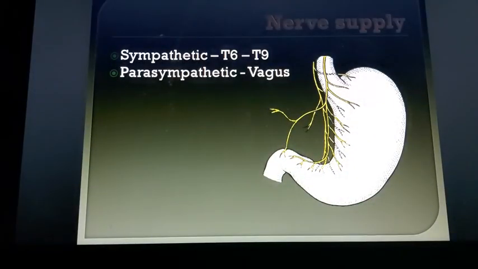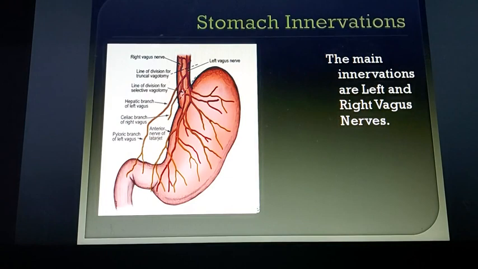Coming to the nerve supply, that is sympathetic nerve supply and parasympathetic nerve supply. Sympathetic supply is T6 to T9. Parasympathetic supply is mainly by the vagus nerve. Stomach innervation is mainly by the left and right vagus nerves.